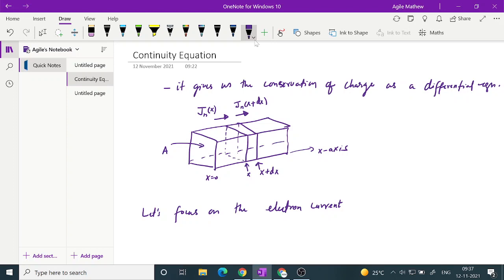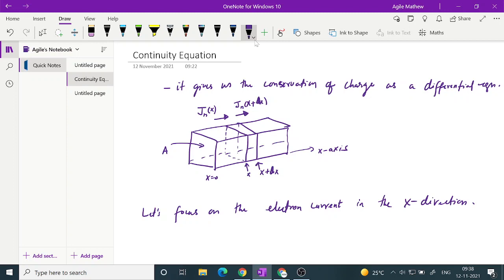You can take it as delta x also, where this is a small width in the x direction. So we are assuming that the current flows in the x direction, and the current that is entering is Jn of x into the strip, and the current that is leaving is Jn of x plus delta x.